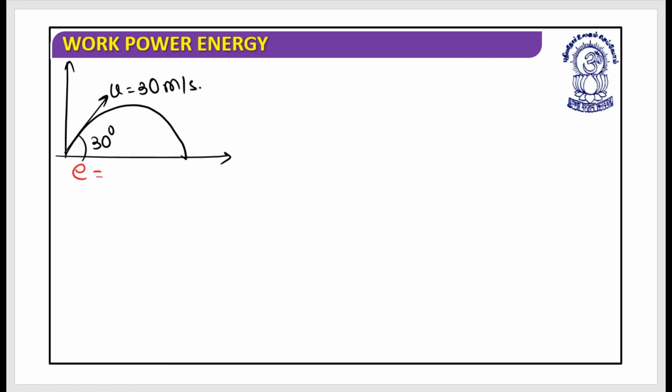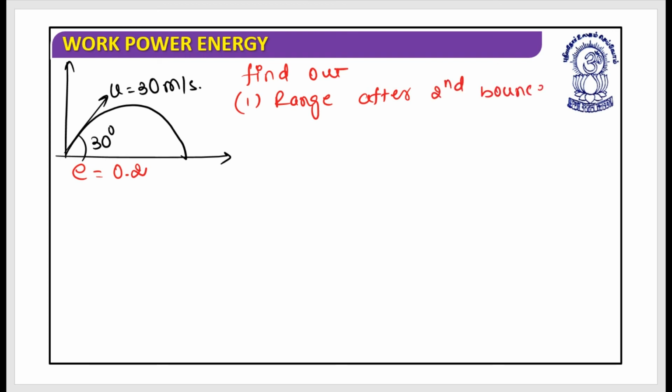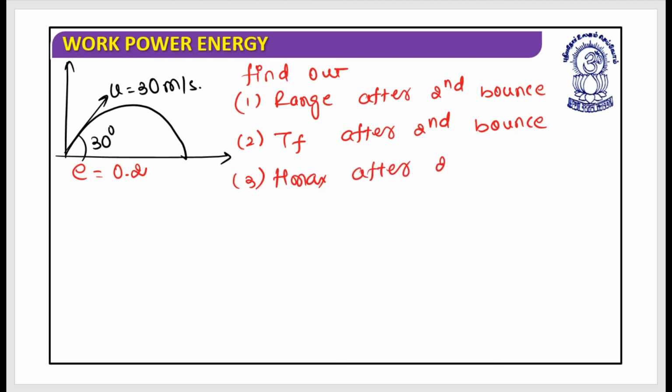If e is equal to, let's suppose, 0.2, find out first the range after the second bounce, second the time of flight after the second bounce, and third the h max after, let's say, the second bounce.